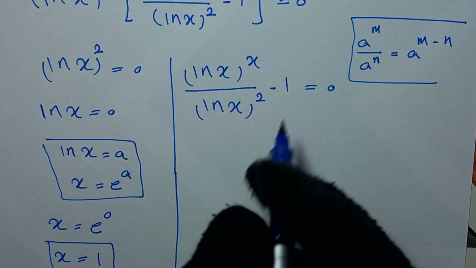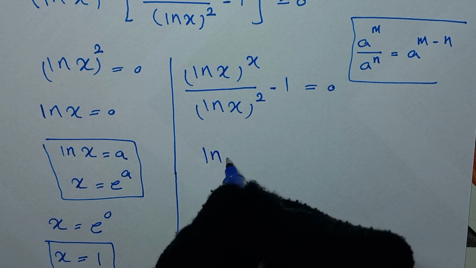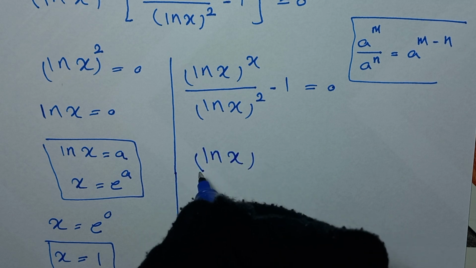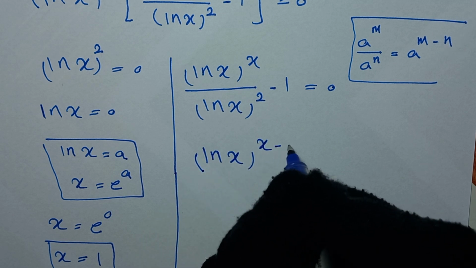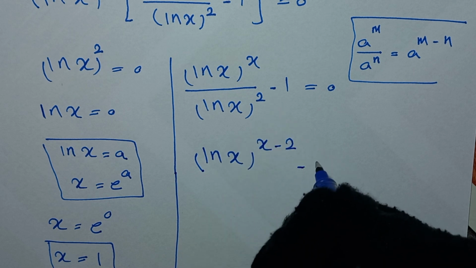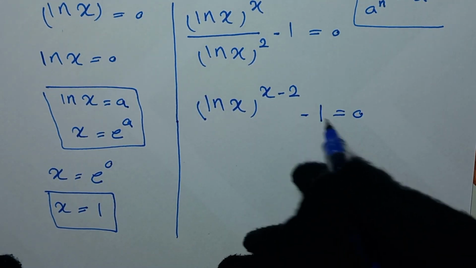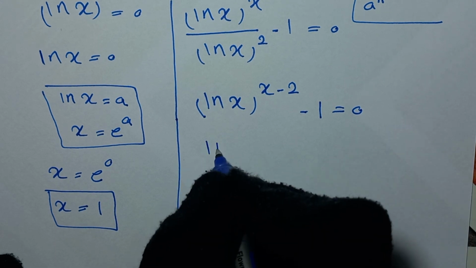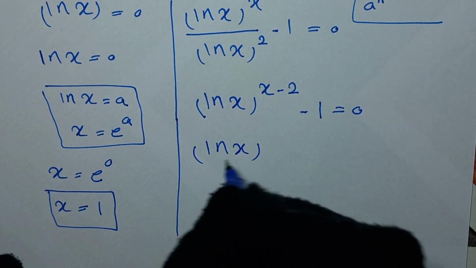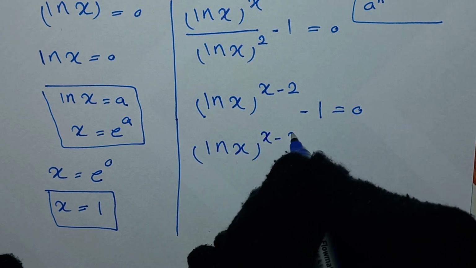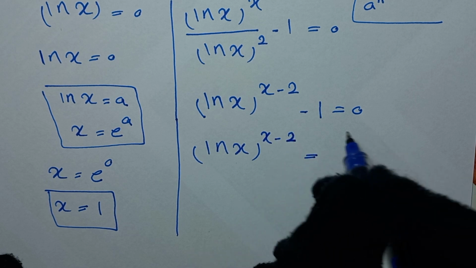We can write this as (ln x)^(x-2) minus 1 is equal to 0. Next step, we take this negative 1 to this side and it will be (ln x)^(x-2) is equal to 1.